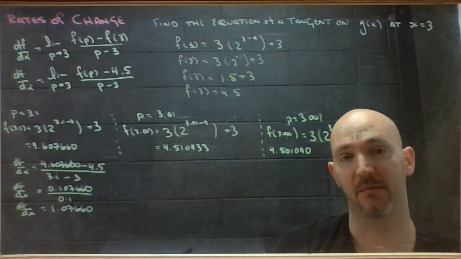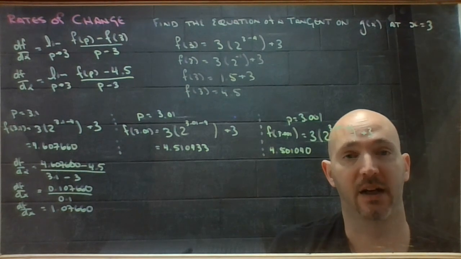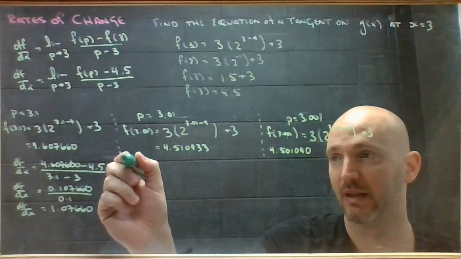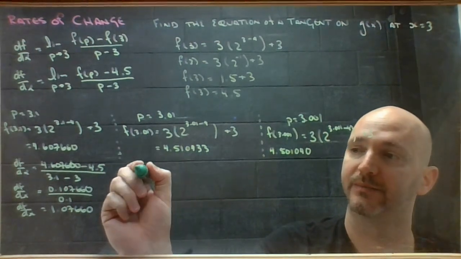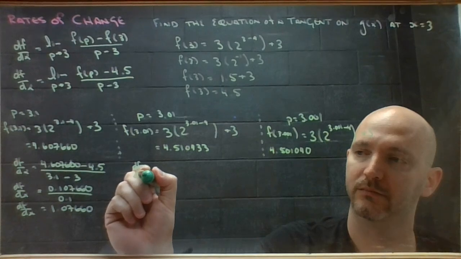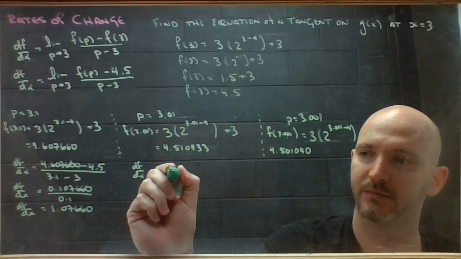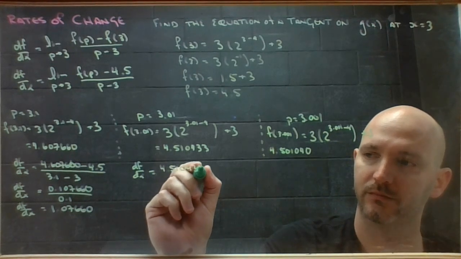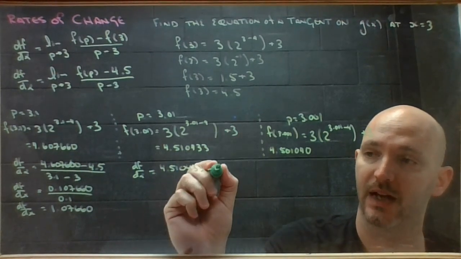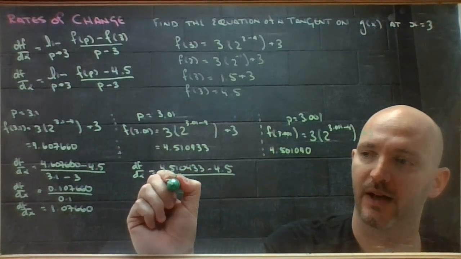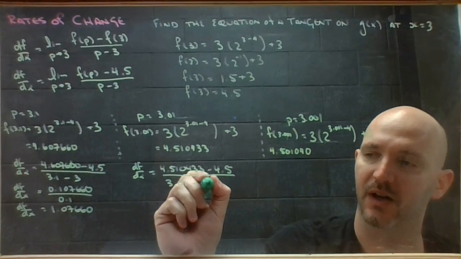Okay, that's not my answer. With one dot, you can't establish a pattern, so I've got to guess. Let's see what happens in the second iteration. So my value at the dummy variable, subtract the value at the actual place, over the value of the dummy variable, subtract the actual place.